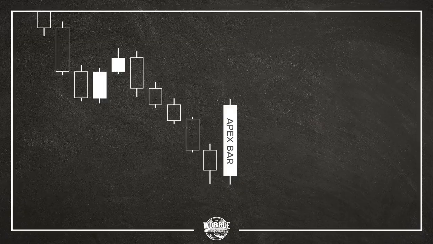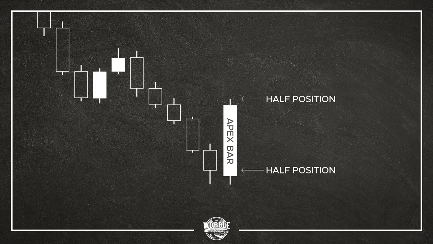And then it occurred to me, what if I take half my position and enter early, and the other half when the trigger happens? And what I discovered when I did that is my risk, the amount of loss that I took overall in the trade if I was wrong, decreased.